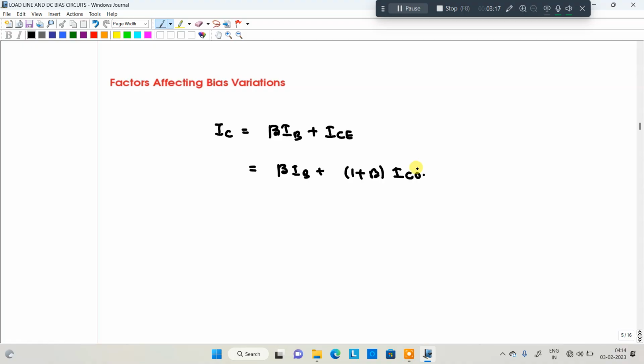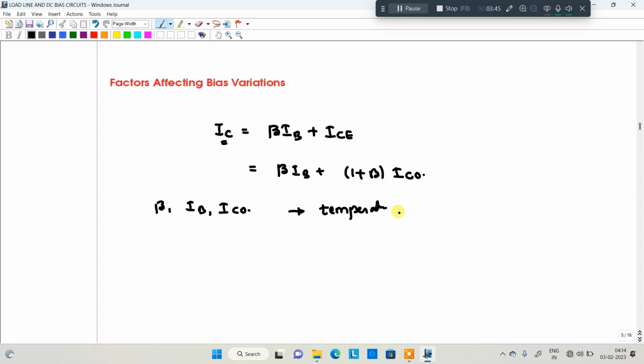From that, what are the variable quantities here? Beta, IB and ICO are the variable quantities, varying with temperature. If I maintain the collector current constant, the output cannot be destroyed and the Q point is going to be stable.